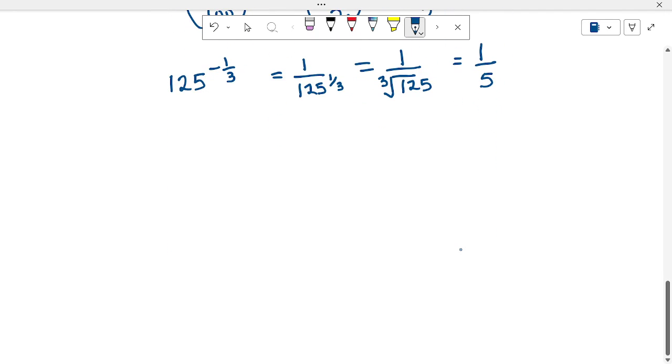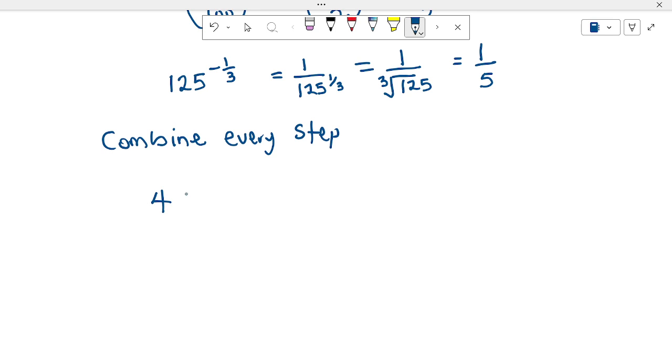Very simple. So we are going to combine everything now. Combine every step. So don't forget we got 4 in the first step times we got 100 all over 2 in the next step. Don't forget this 4 can be also 4 over 1, so it won't confuse you.